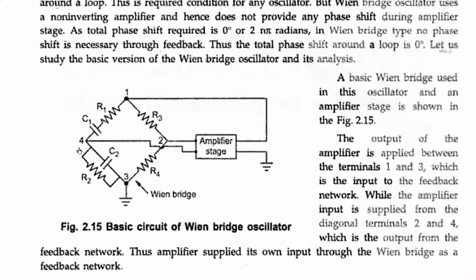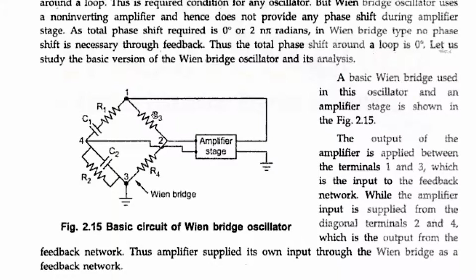You are not giving any external input. The output of the amplifier acts as the input to the feedback network. So what is the input to the feedback network? Next, the output of the feedback network. See, the feedback network is connected to the amplifier. From where are the signals coming to the amplifier block?